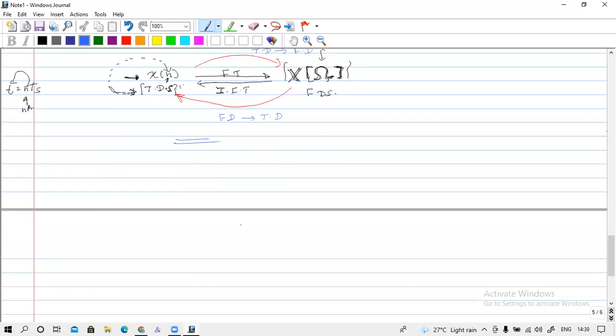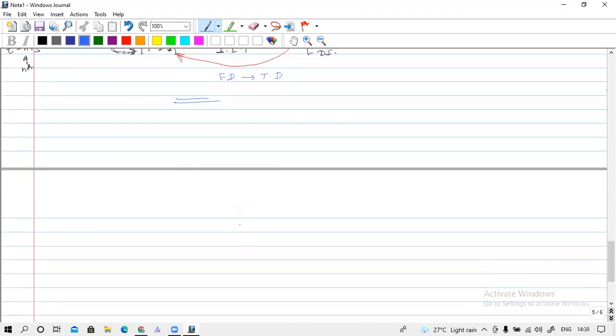Let's see what are the identities we can use to calculate the Fourier transform and inverse Fourier transform. This is the identity for the forward Fourier transform.